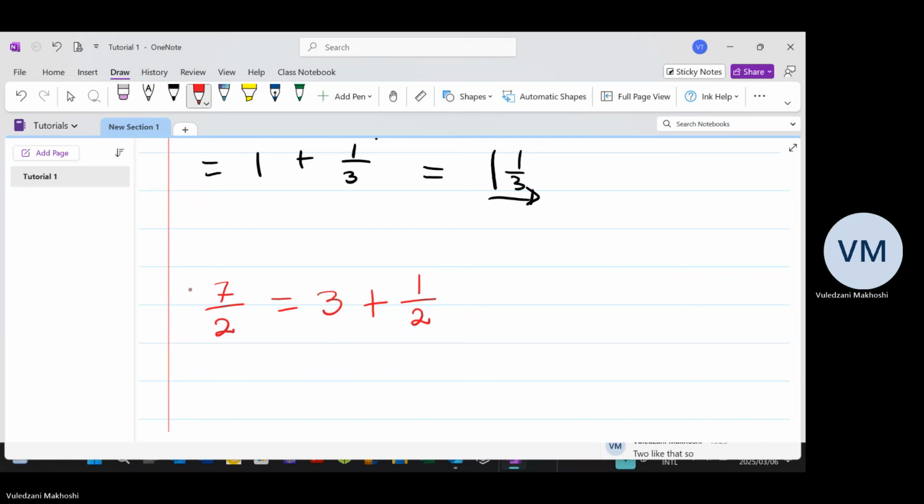So that's what we did. We have got 7 over 2. 7 over 2 is the quotient because 2 goes 3 times into 7, right? And the remainder is 1. So it's 3 plus 1 over 2 is the same thing as 7 over 2, like that.